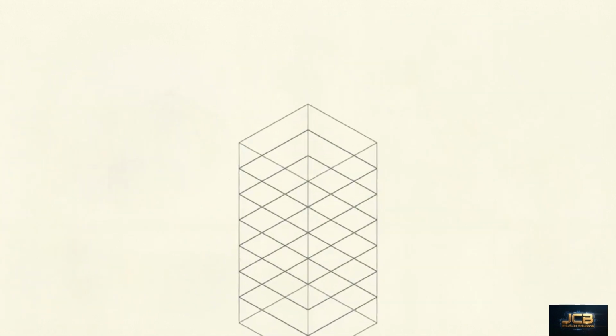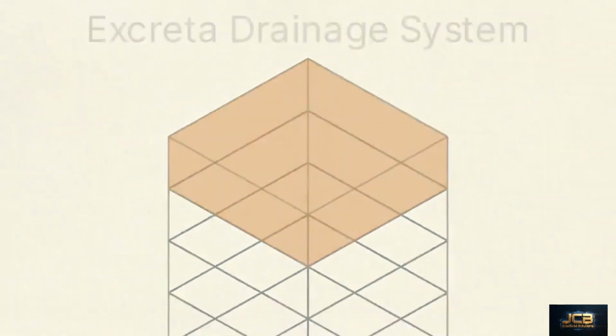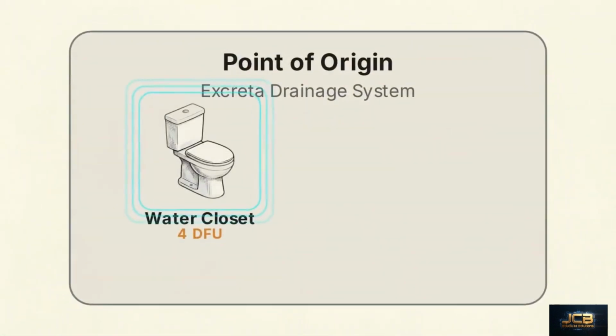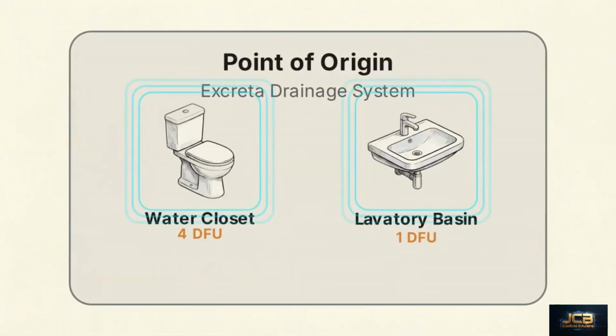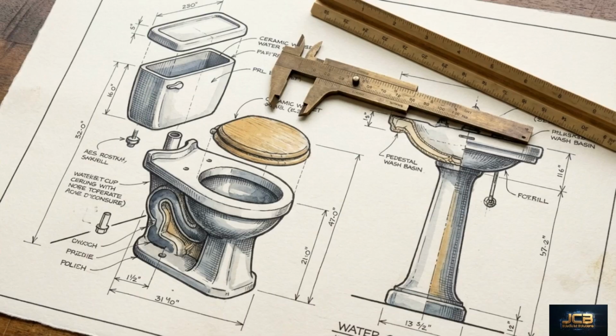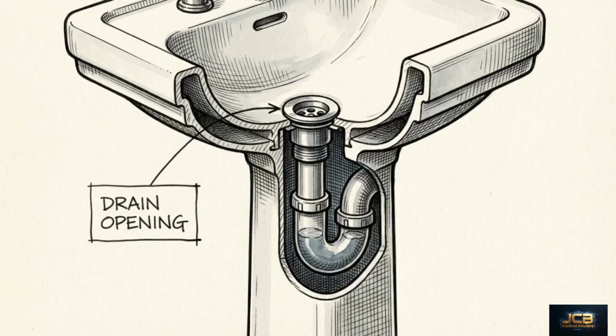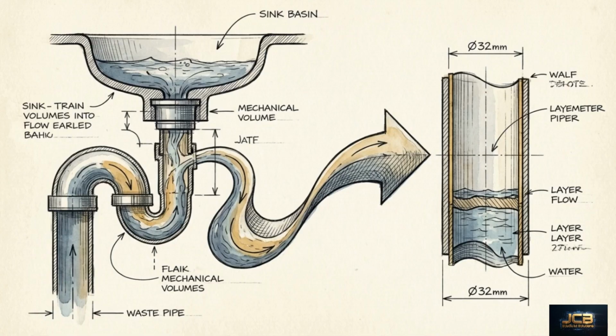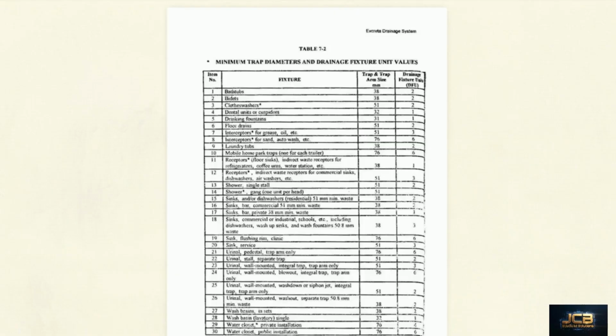Our pathway begins at the highest elevation, an upper floor bathroom containing a standard water closet and a lavatory wash basin. Before sizing any pipe, we must calculate the volume of waste entering the system. The code uses drainage fixture units, or DFUs, as the standard metric to translate fixture water volume into required pipe diameters. This table details minimum trap diameters and fixture unit values.